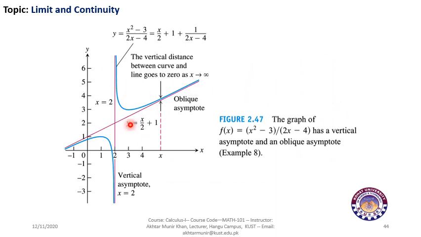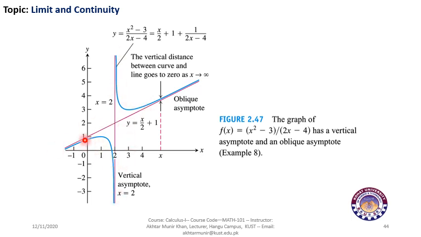Now there are some other asymptotes, which are known as oblique asymptotes. We can define another type of asymptote, which is the oblique asymptote. So consider this example, y equals x square minus 3 divided by 2x minus 4. After dividing the numerator by the denominator, we got this result. Now consider the graph of this function, the blue arrow.